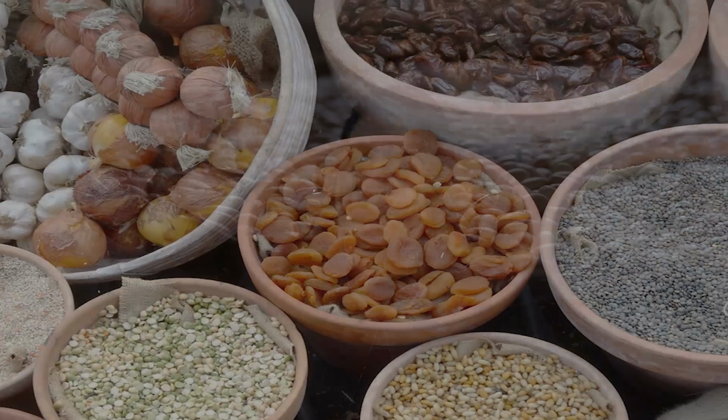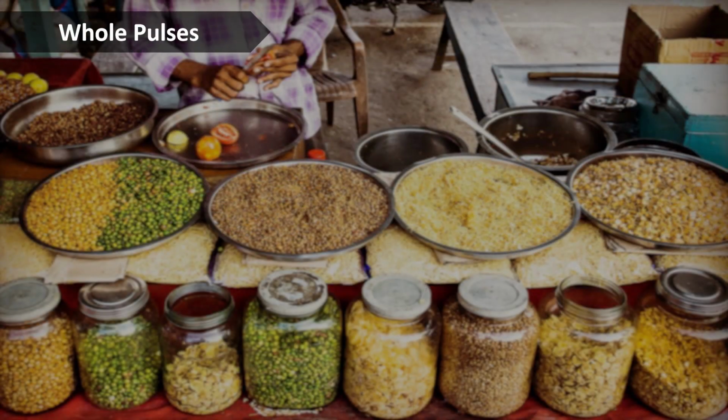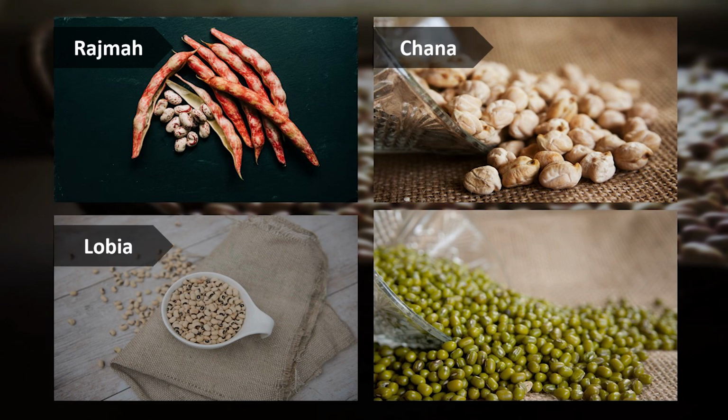Now, further talking about the variety of pulses which are available in the market. There are two types of pulses available in the market. One variety is whole pulses, what we call in our local language sabut dalein. This includes rajma, chana, lobia, moong. Now you will see one common thing in these pulses, that they have a tough outer covering.